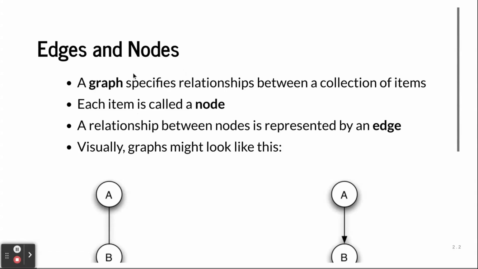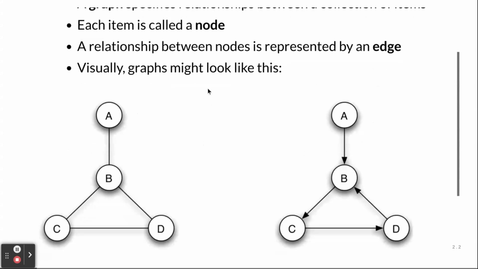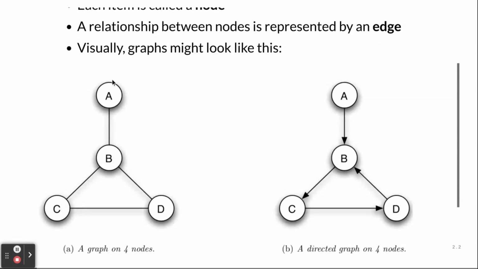And the way graphs are often viewed would be something like this. Over here on the left, we have four nodes labeled A, B, C, D. And then we have four lines. We have one line connecting A to B, another connecting B to D, B to C, and finally C to B. Now notice that these are just circles and lines without any arrowheads.